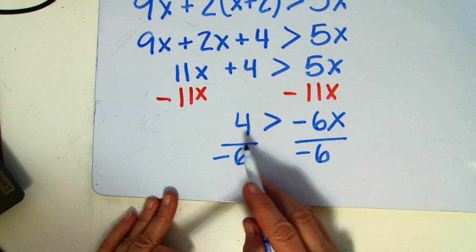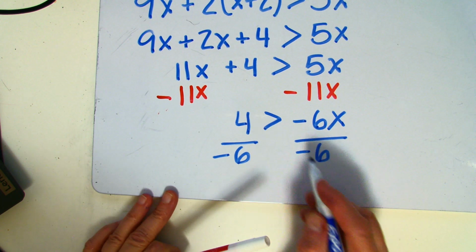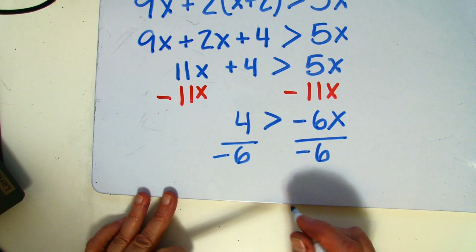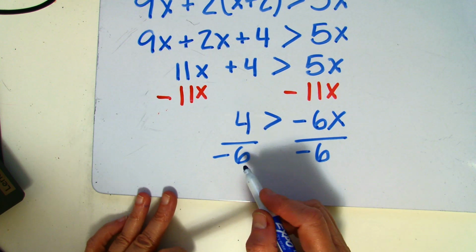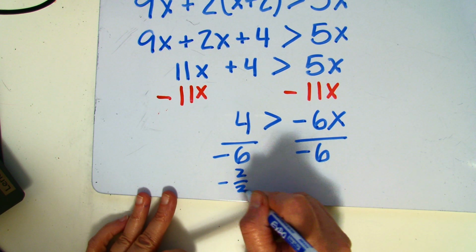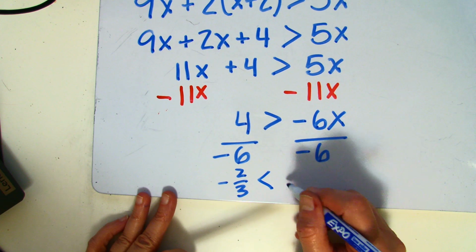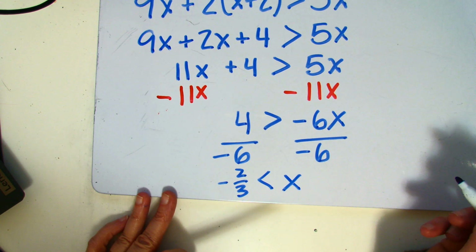Instead of 4 is greater than, whatever this amount is, it's going to be less than x. So this is going to be a fraction. I'm going to have a negative 2/3 if I reduce is less than x.